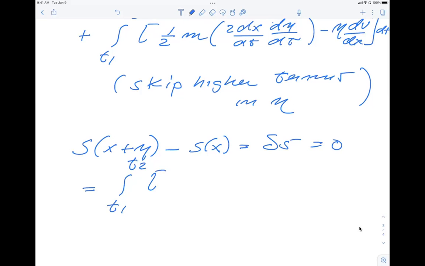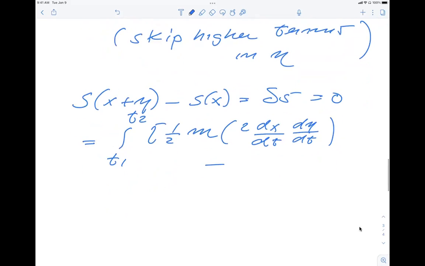And then we have 1/2 the mass of the particle. We multiply with 2 dx/dt, and we have a d eta/dt. And this is minus eta times dV/dx. And this is finally multiplied with dt.